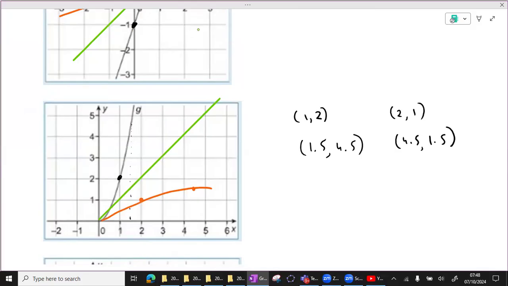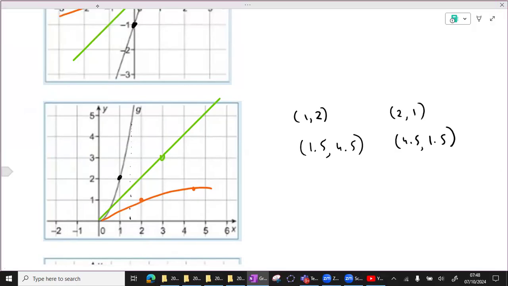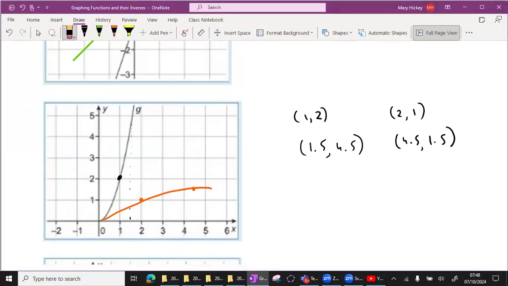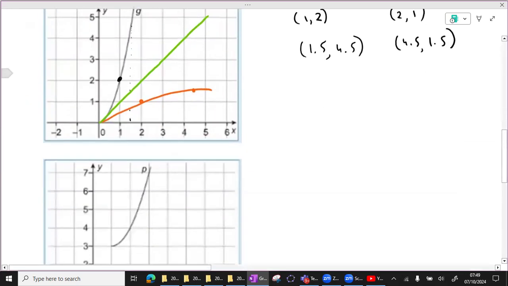Okay, that's not great, is it? No, it's not great. Maybe I'll just freehand draw this one. Sorry, sometimes it's hard to get the ruler to line up. But hopefully you get the idea. Oh, that was actually very good. So basically, if this was wet paint, would it print the way I've said? Yes, it's not perfect, but you get the idea. The black would print onto the orange.